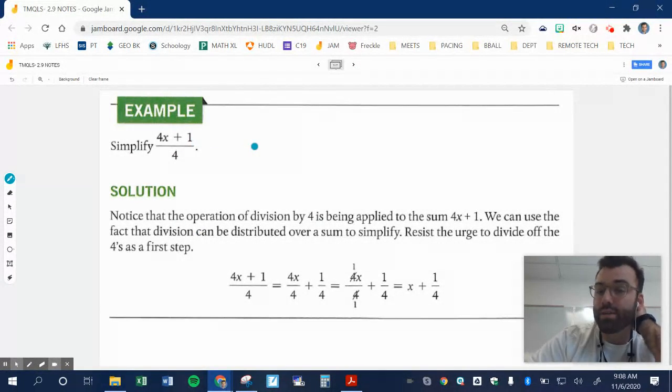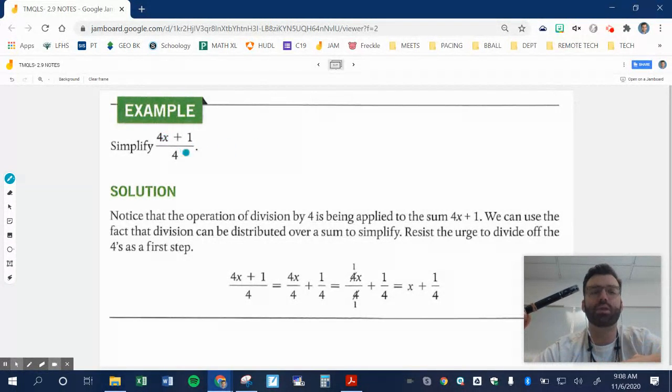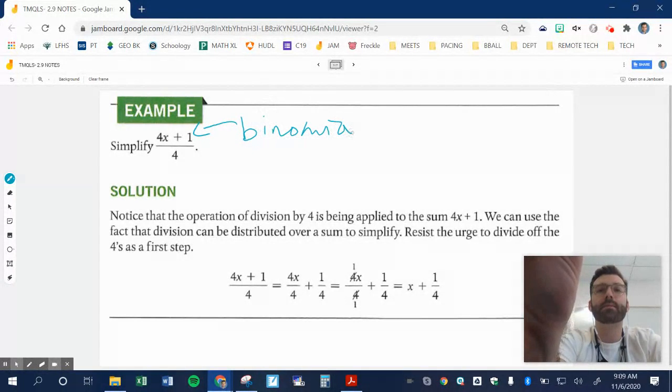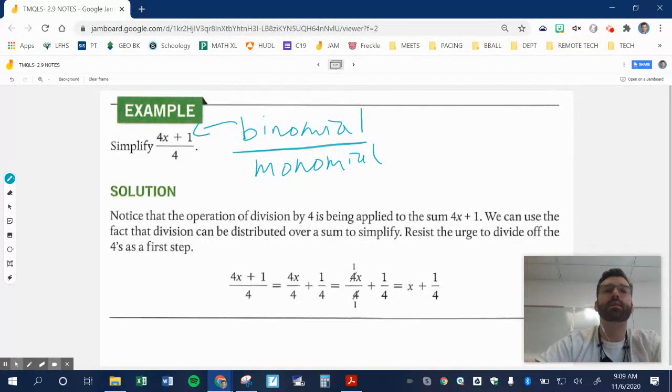This is kind of why I did not agree with what the book said. Because when I see this 4x plus 1 over 4, technically this is a binomial, and then that's over a monomial. Monomial is one term.